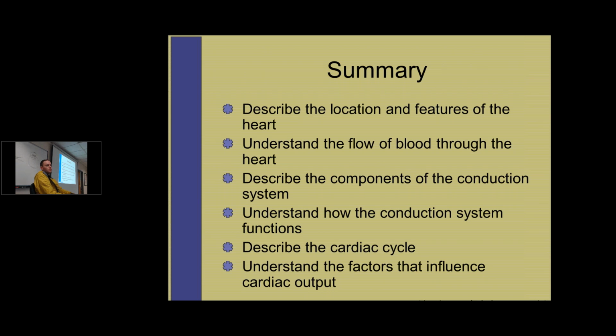Just a quick note: pesticide poisoning, organophosphate poisoning, some of those will inhibit acetylcholine, right? If you inhibit acetylcholine, what happens to your heart rate? It's going to speed up.